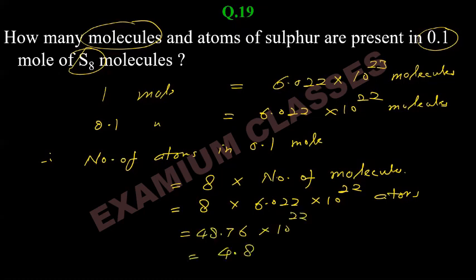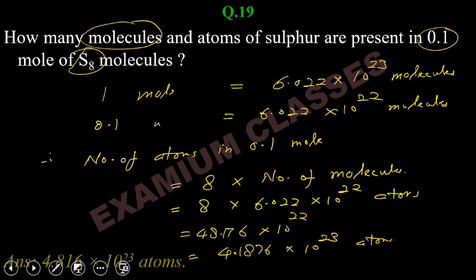That is 4.876 into 10 to the power 23. Yes, correct. So approximately it will be 4.8176 into 10 power 23.